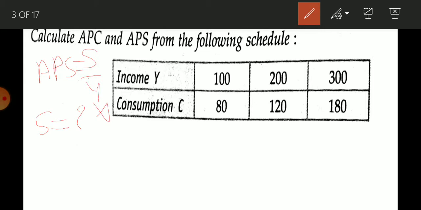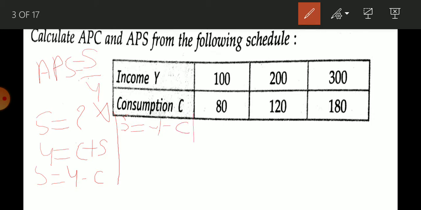We know Y is equal to C plus S, so S is equal to Y minus C. This formula we are going to use for getting saving. So saving is equal to Y minus C.